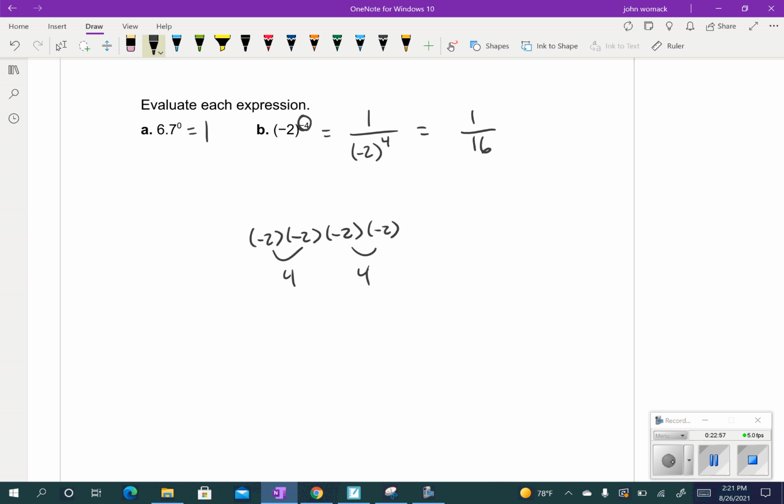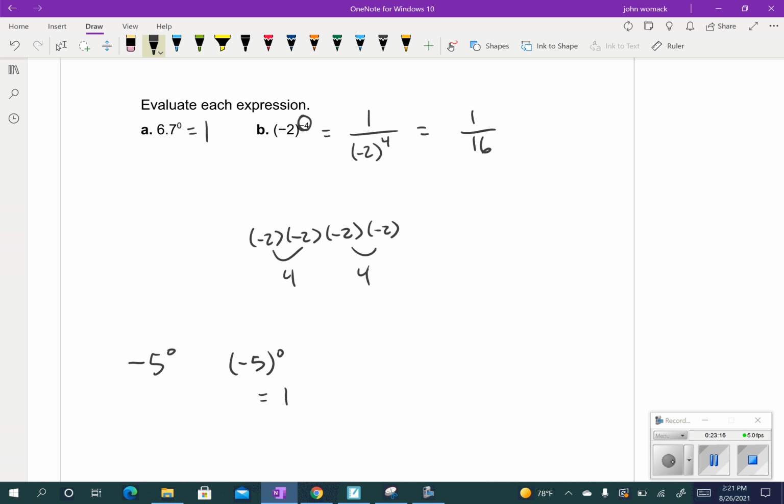As far as that 0 power goes, one thing to be careful with, if I give you something like negative 5 to the 0 power as compared to a negative 5 in parentheses to the 0 power. On this one it does equal 1, because the 0 applies to the 5 and the negative.